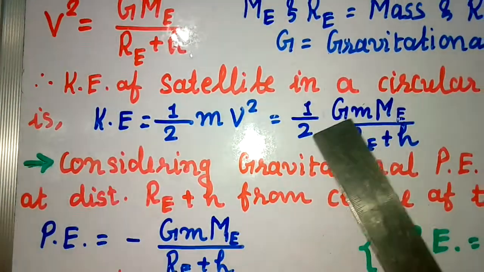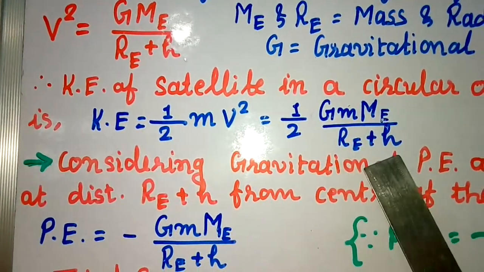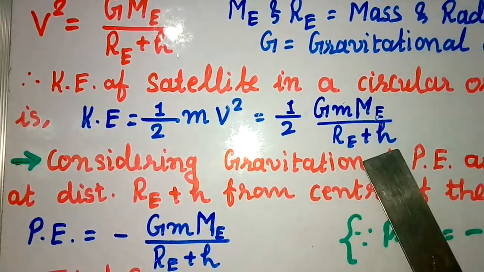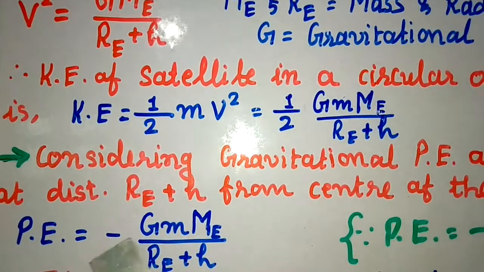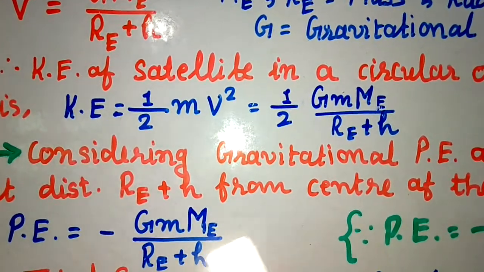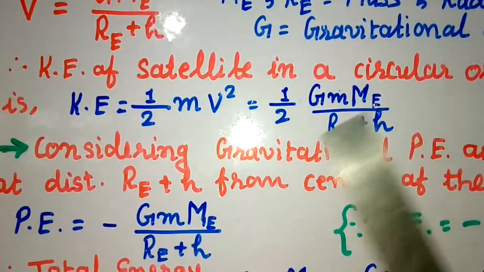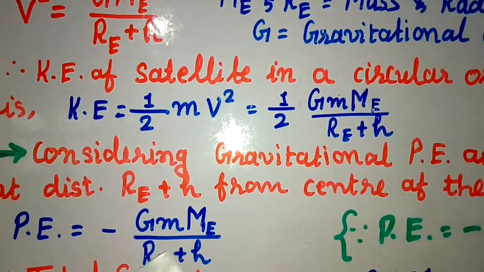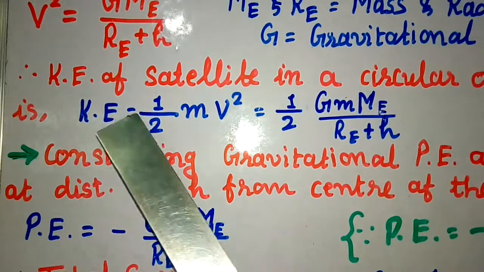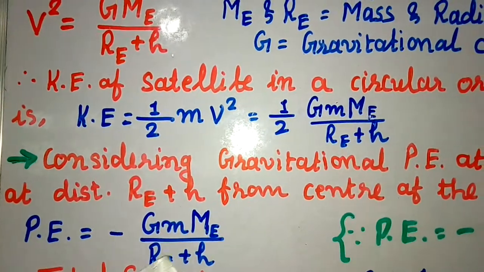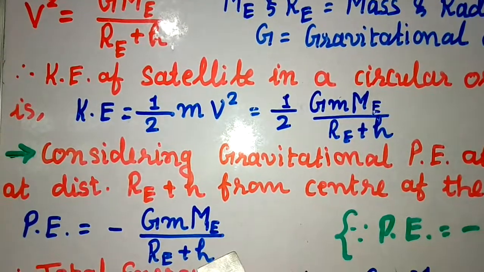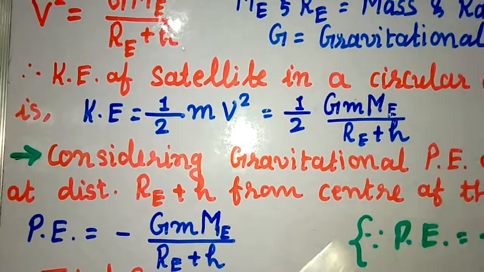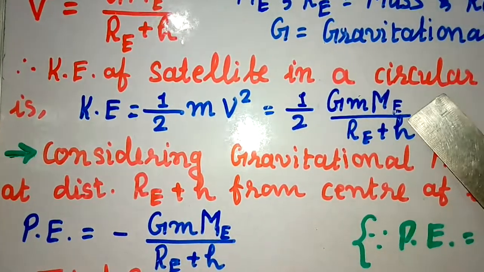See, kinetic energy is half of GMe by Re plus h, and potential energy is negative GMe by Re plus h. So these are similar in magnitude, but the kinetic energy is half of this value, or you can say that the potential energy is double the kinetic energy. If you multiply this value with 2, you will get the potential energy. So the potential energy is twice the positive kinetic energy.